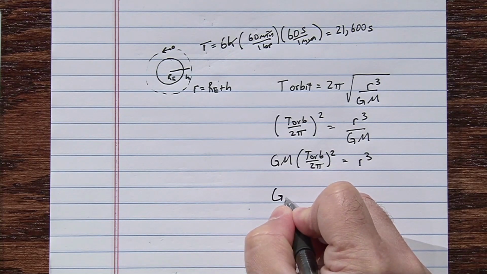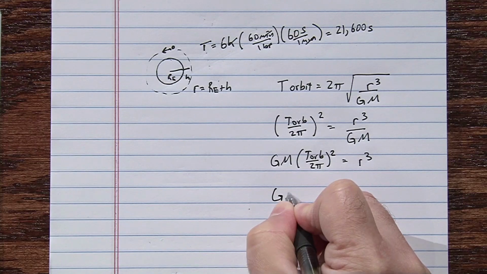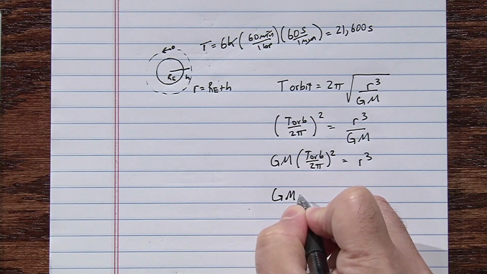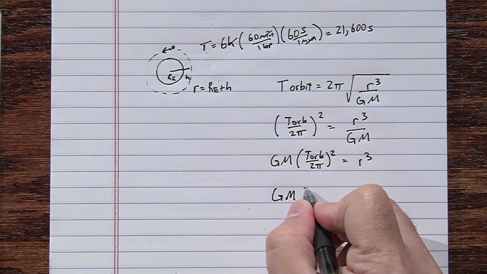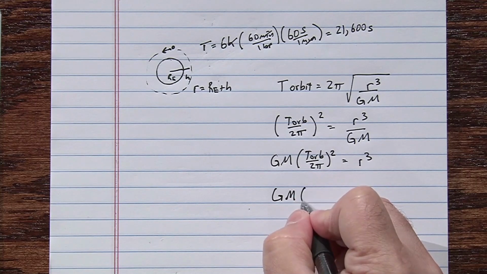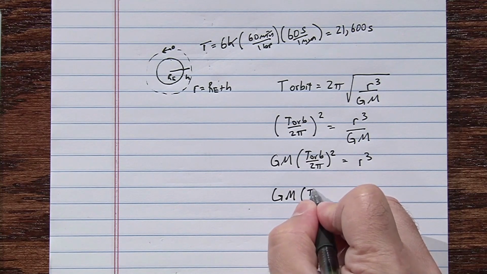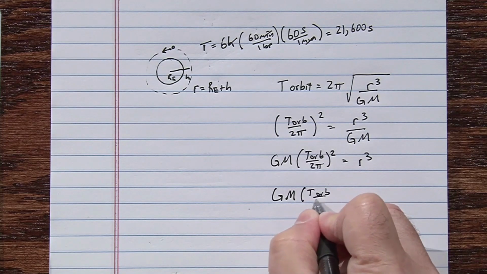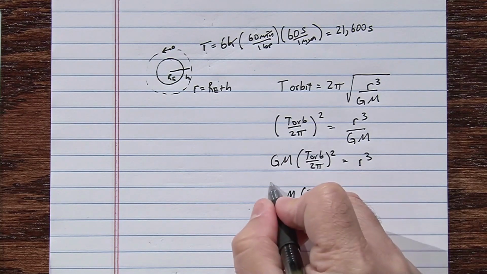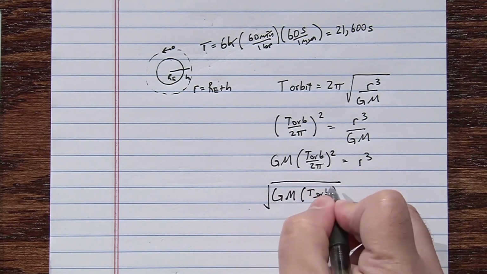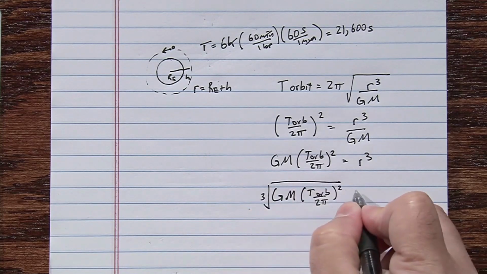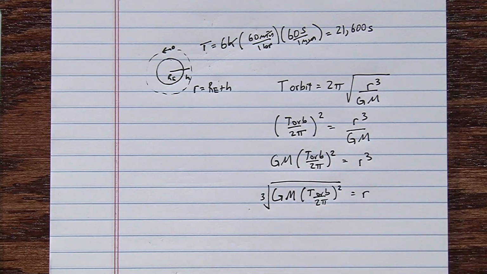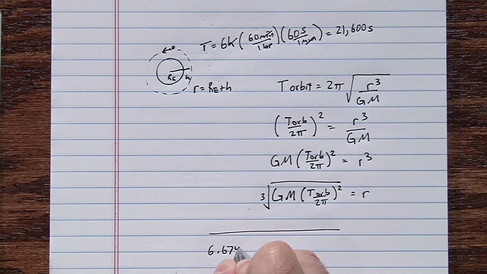And so that would be, let's go ahead and calculate that. The cube root of GM times T orbit over 2 pi squared is equal to R. Okay, now we'll need some room for our calculations. Big G is 6.674 times 10 to the minus 11.